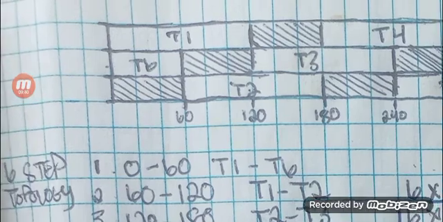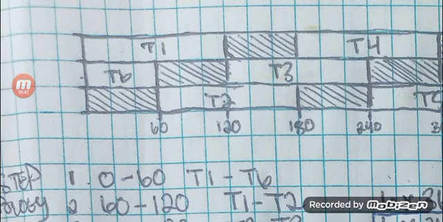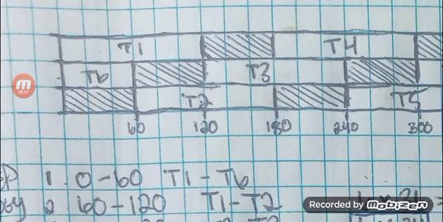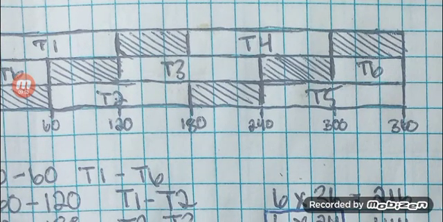So transistor 1 turns on at 0 degrees, and it turns off at 120 degrees. And it stays off for a period of 60 degrees. And then transistor 4 kicks on at 180 degrees, and then kicks off at 300, and then there's a dead space to 360.